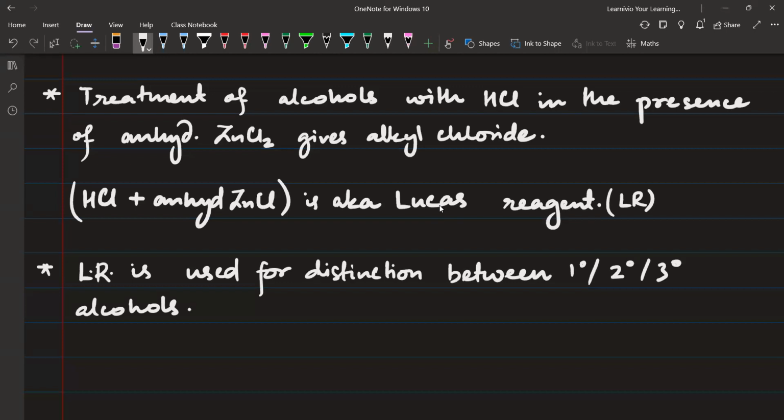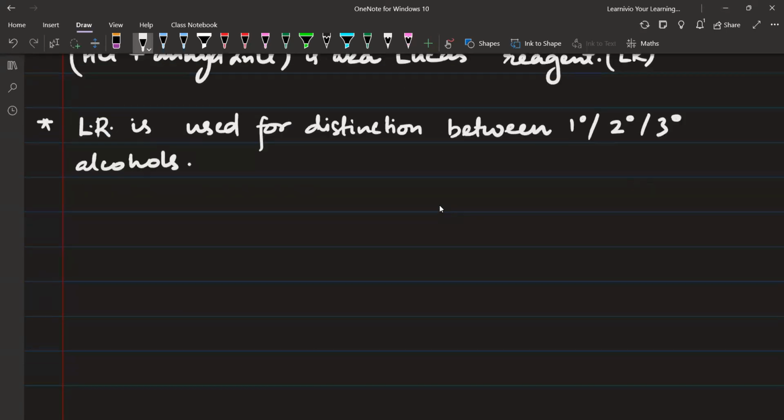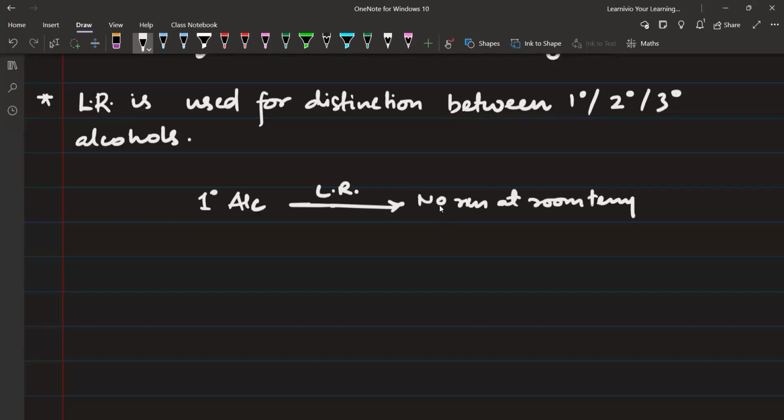कैसे? ध्यान से देखिएगा. Don't write anything, just see. When you have 1 degree alcohol and you treat this with Lucas reagent, then you will see no reaction at room temperature. But when you heat it, a white PPT will form.